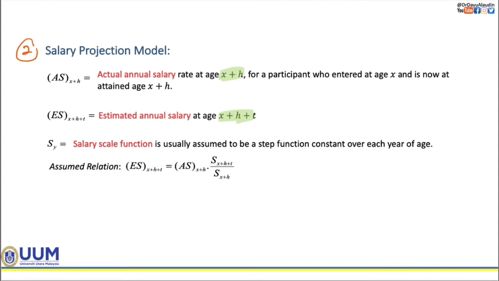The notation for the actual annual salary at x plus h is AS at age x plus h, and the expected annual salary is ES at age x plus h plus t. And SY is the salary scale function, usually assumed to be a step function constant over each year of age. So this is the formula to calculate the estimated annual salary at age x plus h plus t.